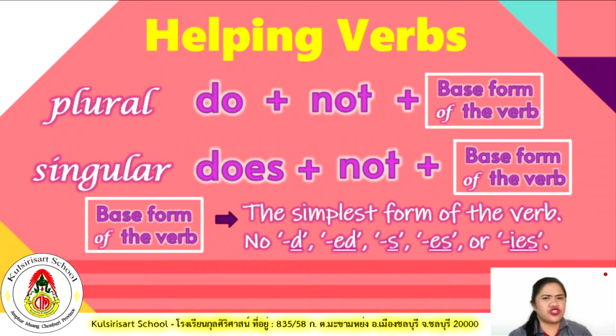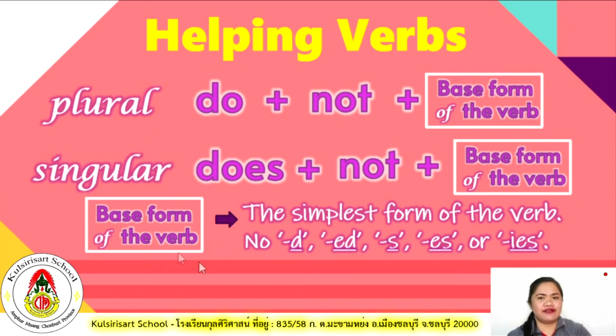Meaning, there's no D, no ED, no S, no ES, or IES. Just the simple form of the verb. It's not in the past form or the past participle form, it's always in the present base form of the verb. Do you understand?